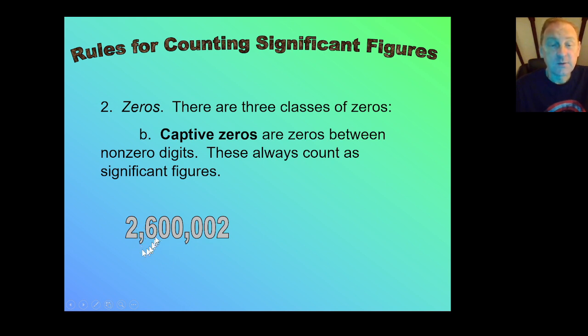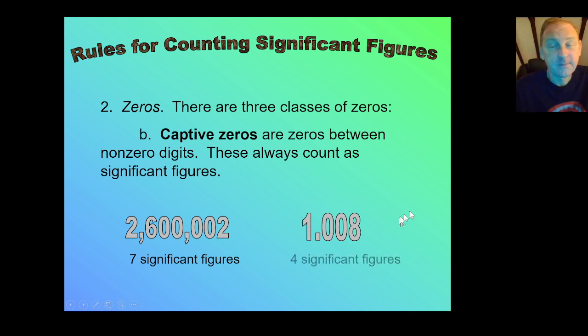So 2, 6, 0, 0, 0, 0, 2. So that's 1, 2, 3, 4, 5, 6, 7. There's 7 significant figures here. 1.008. These zeros are captive. Don't let the decimal place trip you up here. So how many significant figures are in this number? There would be 1, 2, 3, 4.